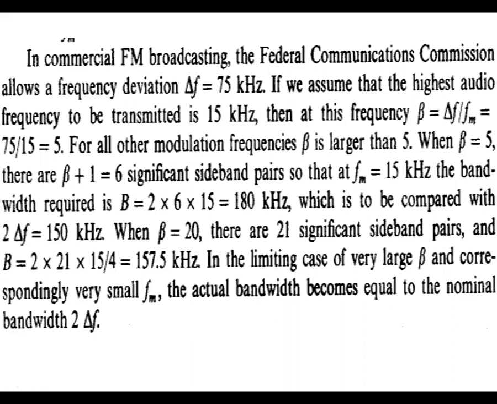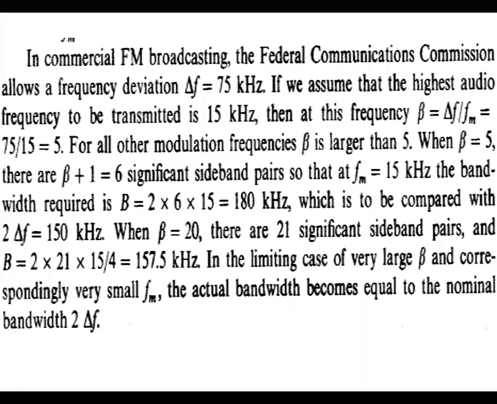Now the deviation of the frequency can be substituted here. In the first case 15 is directly taken, but in the second, when beta is 20, the deviation frequency is placed here: 20 by 15, what is the value? 3.75.